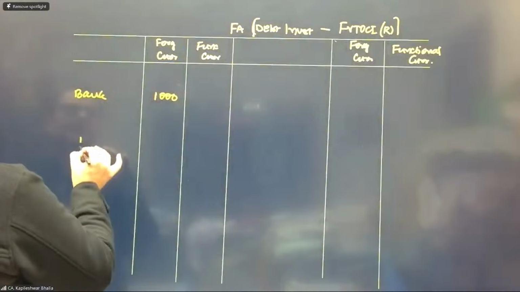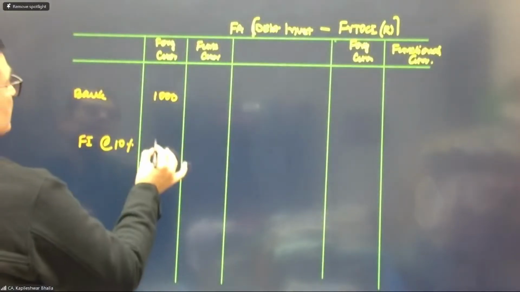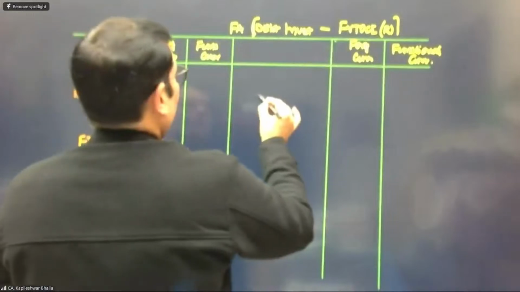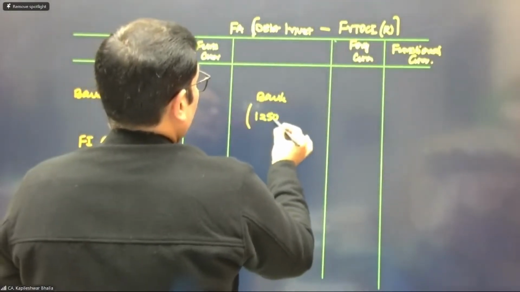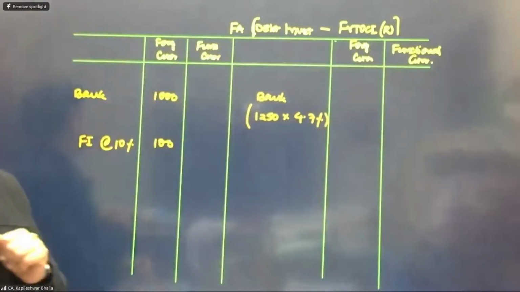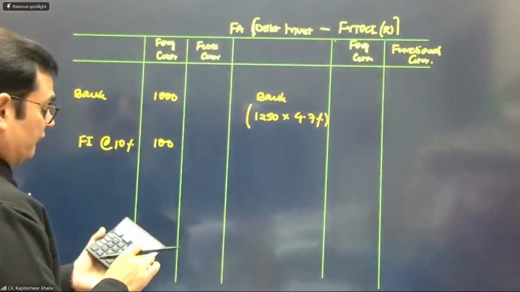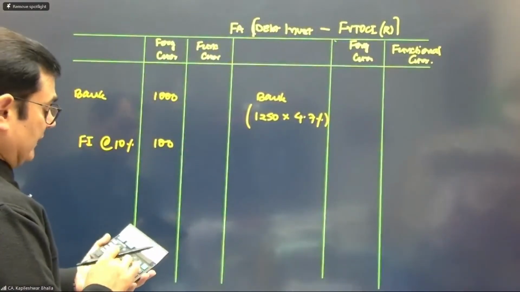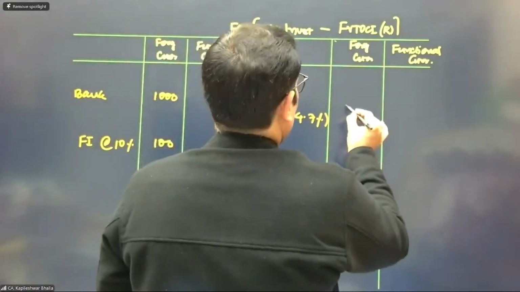So let's see what is the finance income at the rate of 10%. So this is going to be 100. And we're going to receive the money at the end of the year on the face value, which is at the stated interest rate, which is the contracted rate at 4.7%. So on the face value 1250, we get 4.7%. That's, I think, 58.75.